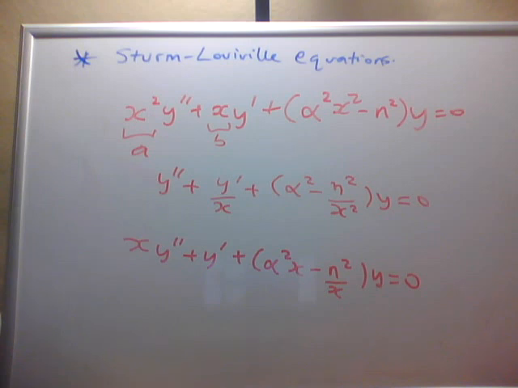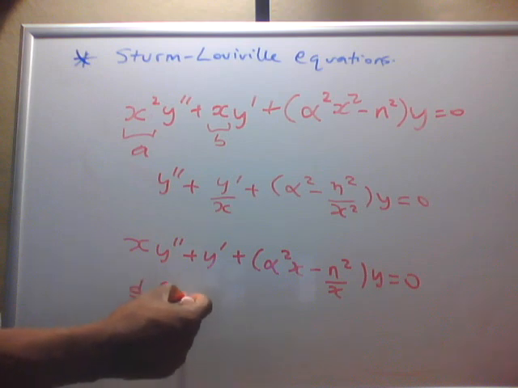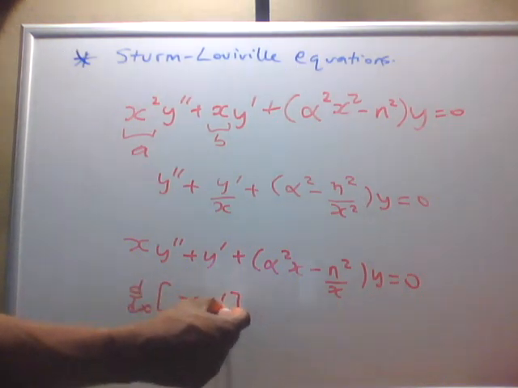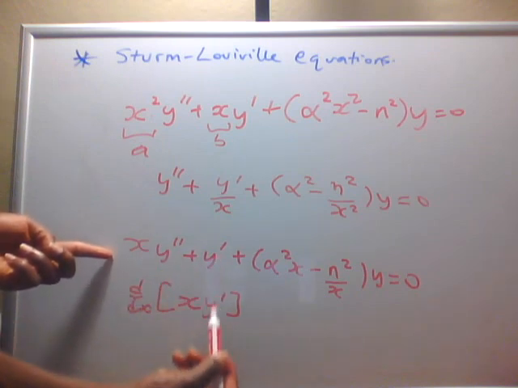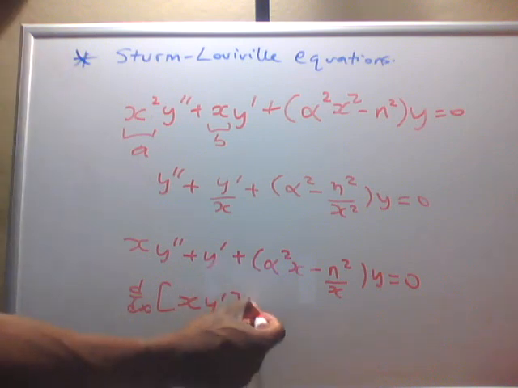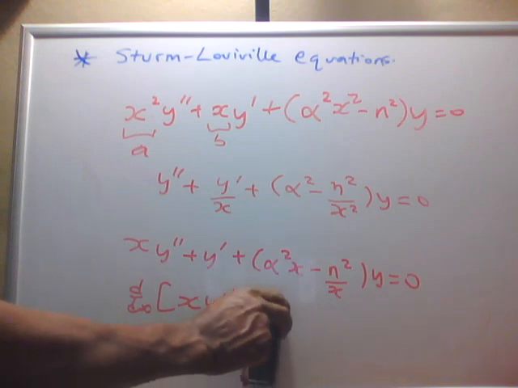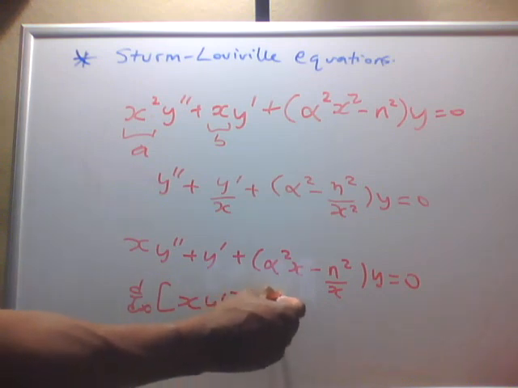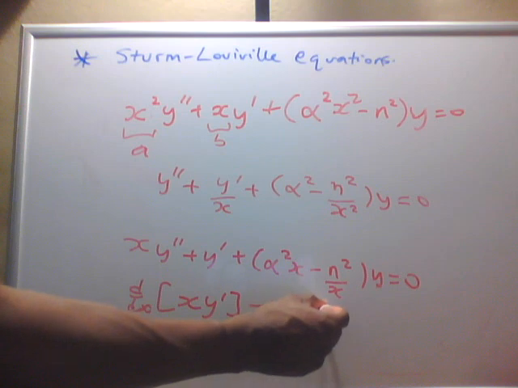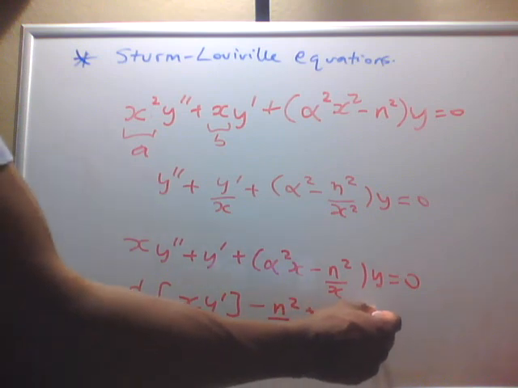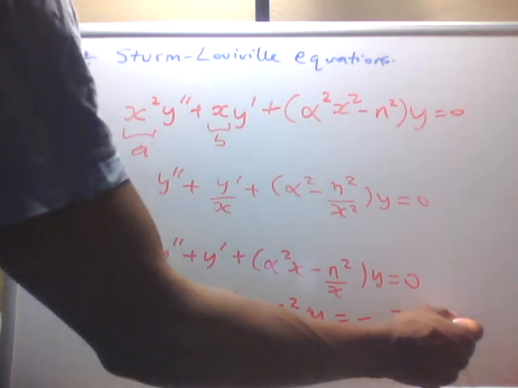equals 0. Okay, which I can write as d/dx of x y prime. You see that? If I differentiate once, I get x y prime prime plus y prime plus, I'll write it this way, negative n squared over x y equals negative alpha squared x y.